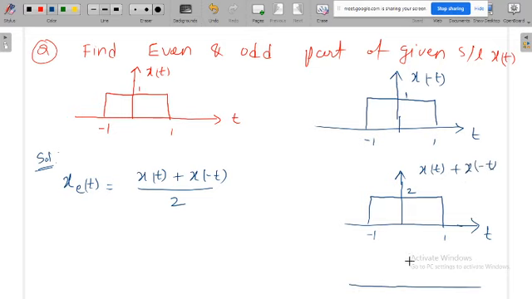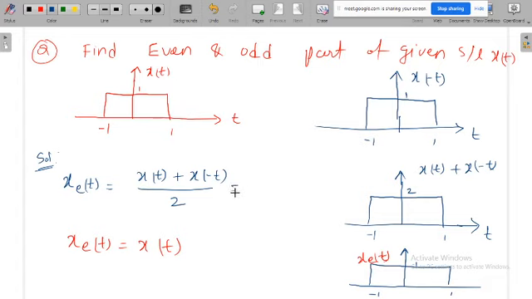You will again get the signal like this, from minus 1 to 1, and this is the even part of the signal, x e of t. In this case, x e of t is the same as x of t, because the given signal itself is an even signal.